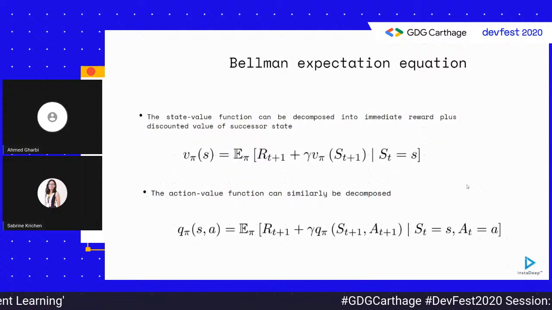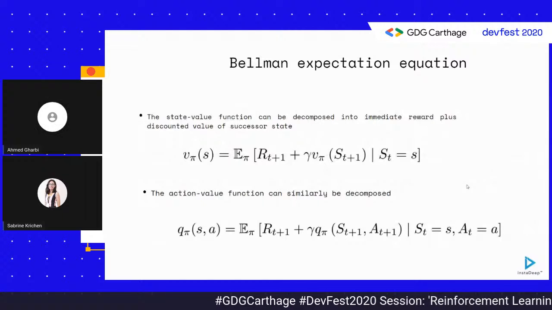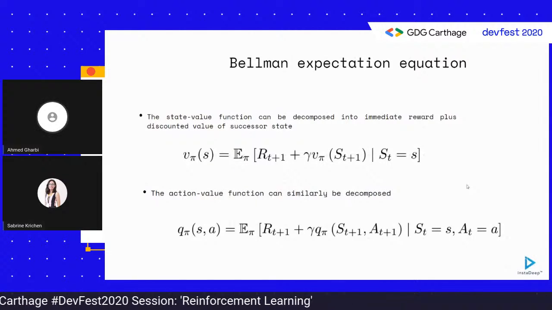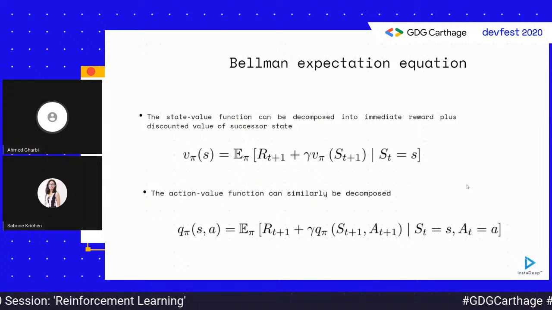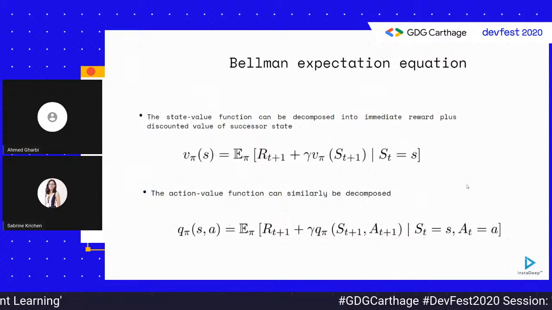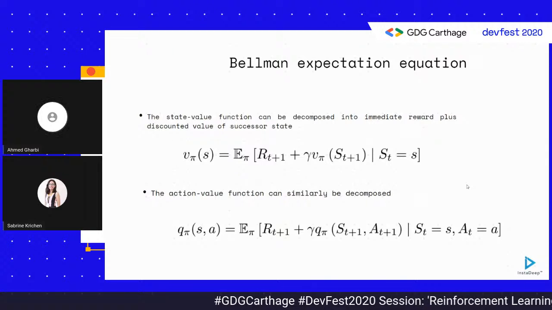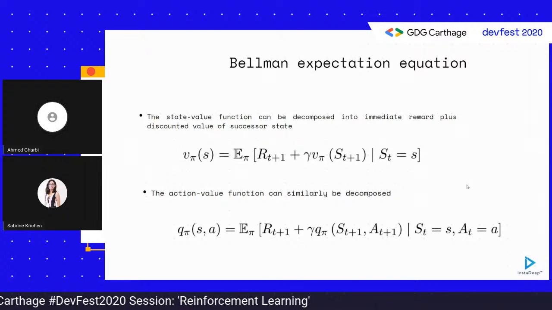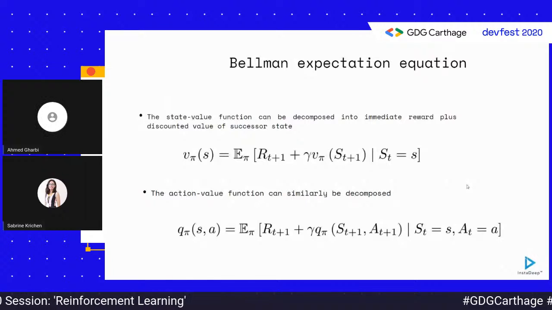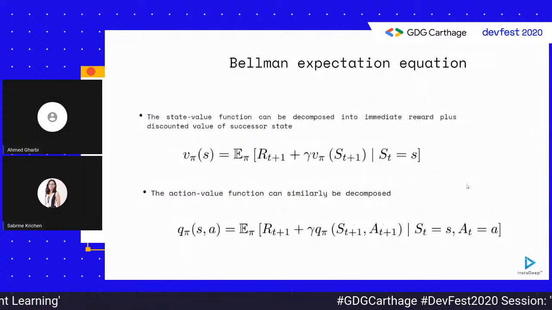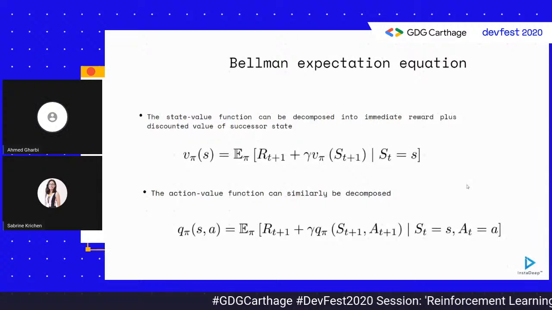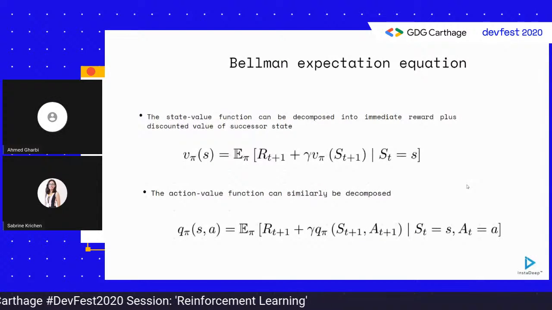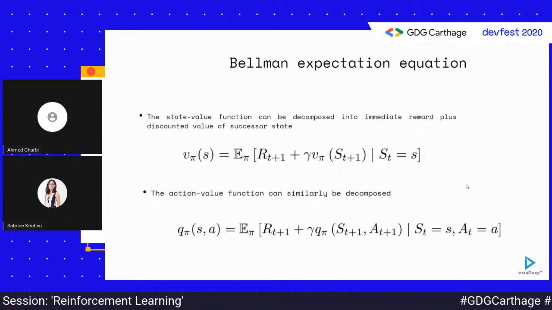The state value function V can be decomposed into the immediate reward that the agent receives after performing an action, plus the discounted value of the successor states. Similarly, the action value function Q can be decomposed into the immediate reward plus the discounted value of the successor state-action pairs. These two equations are called the Bellman expectation equations, and we can solve these equations in order to determine the value of each state.